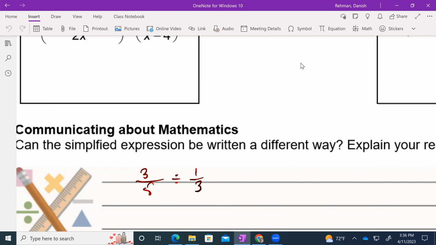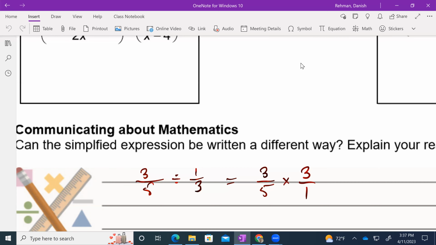Flip it. Good. So I will first write the left-hand side fraction exactly the same way, no change in this. But when I'm changing it to a multiplication, I will definitely flip the second fraction, and that will be written like 3 by 1. Got it? 3 by 1 is the one which is flipped.